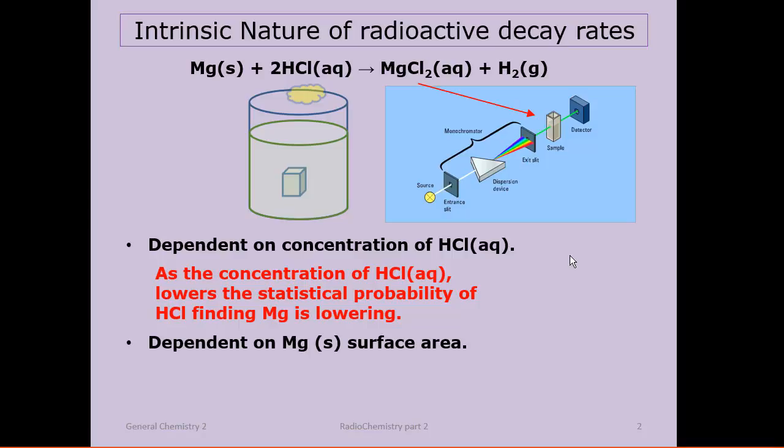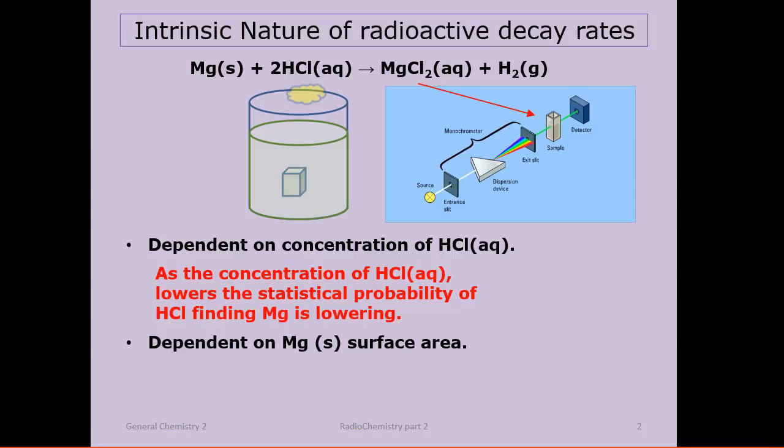It's also dependent on the magnesium surface area. Now, this is something we hadn't really talked about before, because we basically kind of simplified it and said, well, we're not going to do kinetics calculations using solid materials, but there are ways to take the surface area of solid materials and calculate how they correlate with the rate.